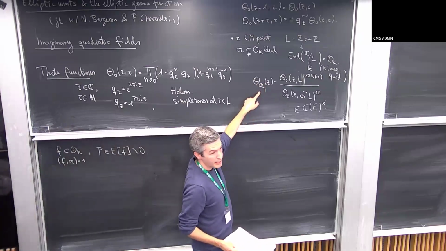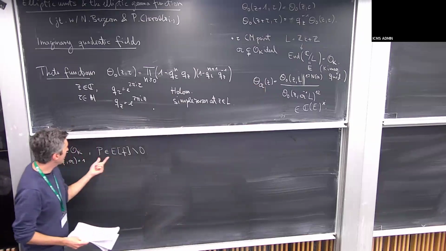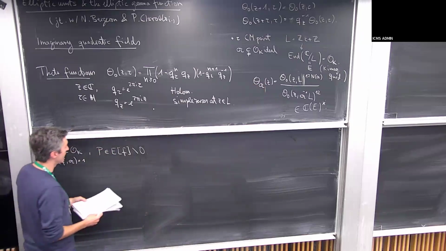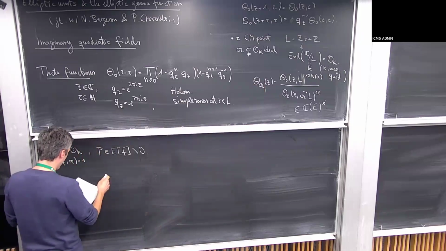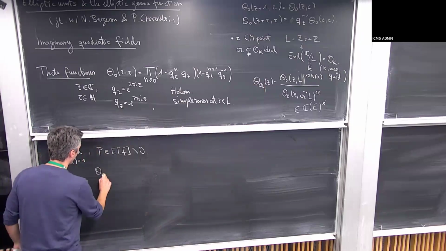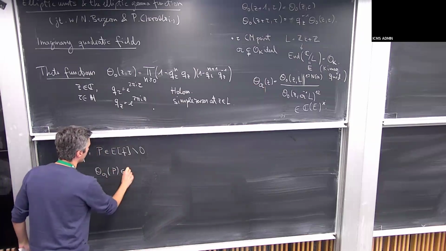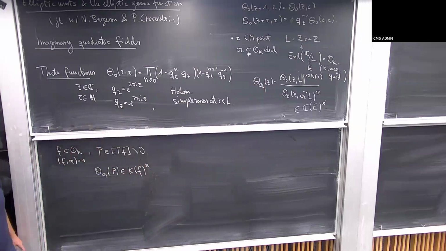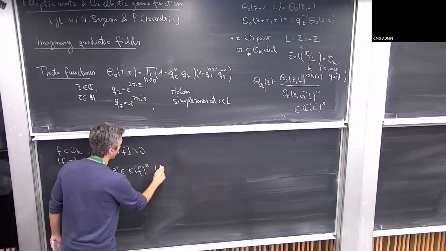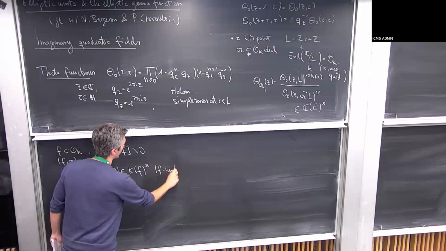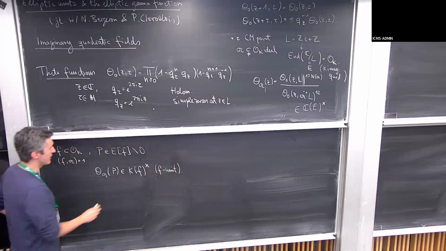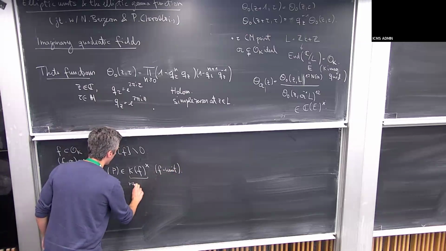It's supported on the A torsion. So I can evaluate this function theta_A at P, and I will obtain a non-zero complex number. That non-zero complex number turns out to be in the ray class field of conductor F. In fact, it's an F unit. So this is the ray class field.